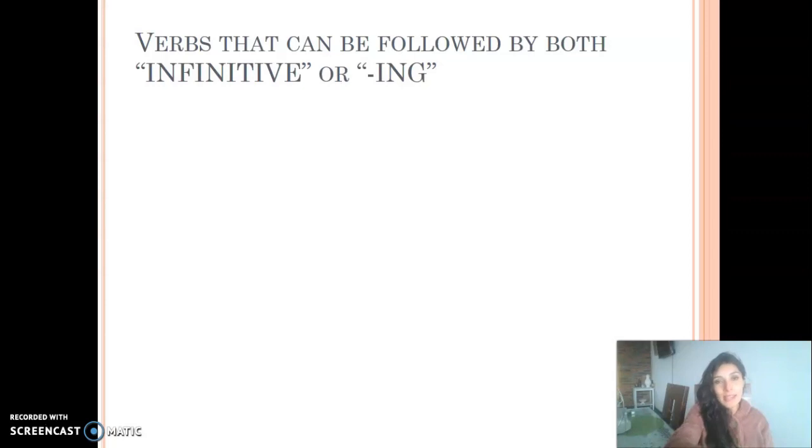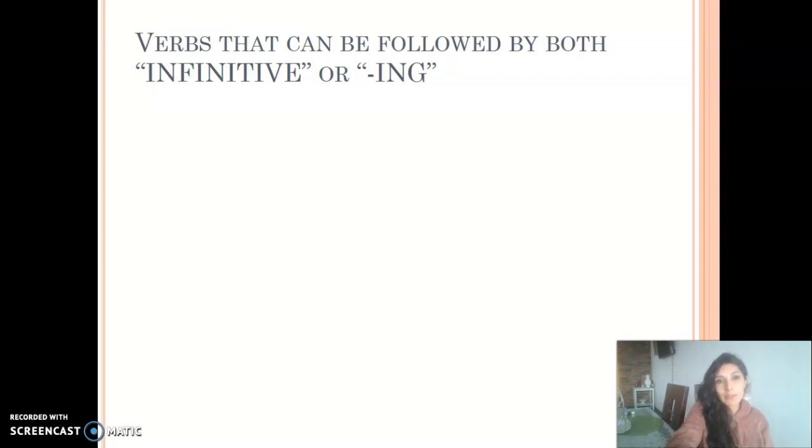So we're going to continue checking the verbs that can be followed by both infinitive or the ing form. In this case, as you know, these are known as gerunds. As I mentioned in the beginning of this video, there are some verbs that can be followed by infinitives or gerunds, but they do not change the meaning of the sentence.